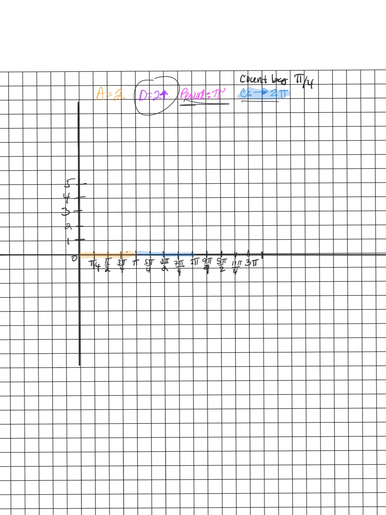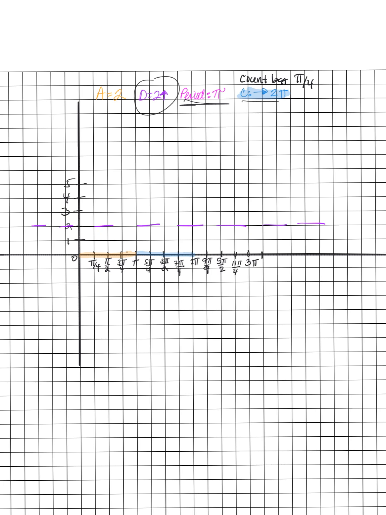So I'm going to put in my vertical shift here. I'm going to do my midline. I'm just going to dash it. And then now I'm just going to plot my points where I need to go. Remember, the midline tells me how high and low I go from there for the amplitude. So normally we would start its sine graph.